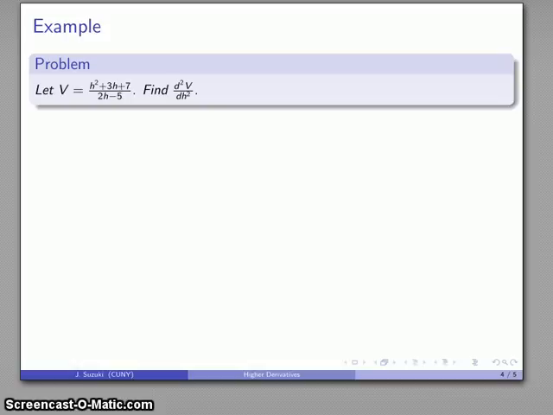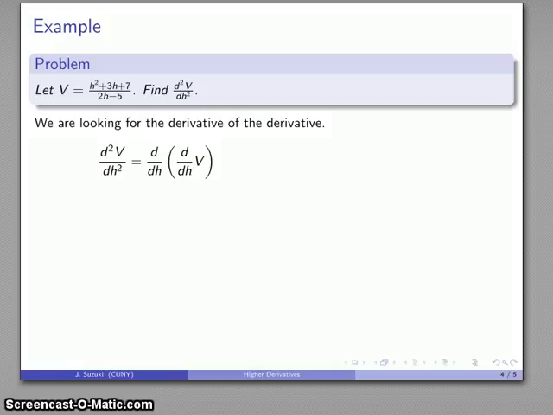So here's v equals some complicated function, and I want to find, using differential notation, the second derivative of v. And so again, that's the derivative of the derivative. So that's the derivative of v. And I know what v is, so I'll substitute that in. And a little bit of analysis goes a long way. The thing in here, substitute in a value, is h squared plus 3h plus 7 over 2h minus 5.